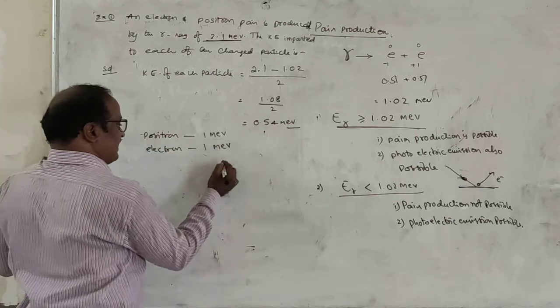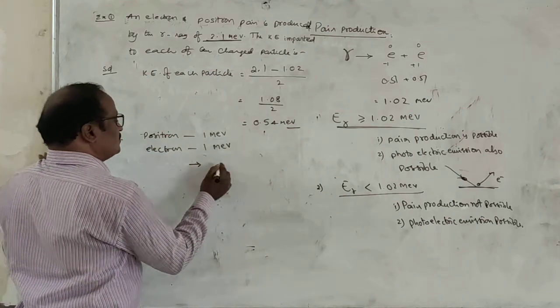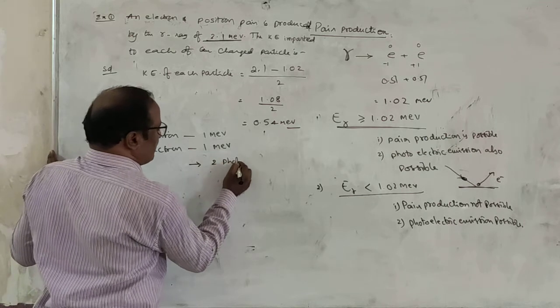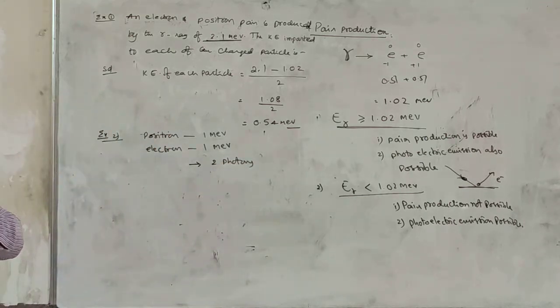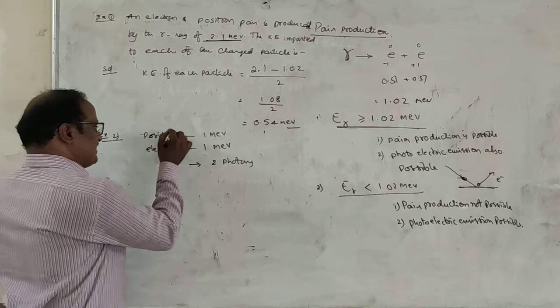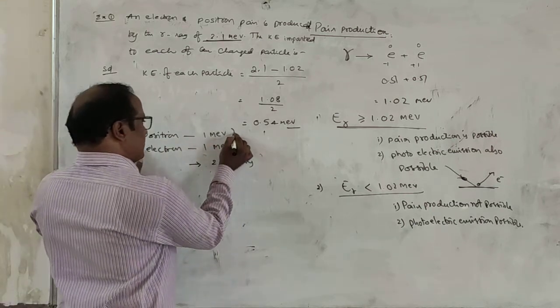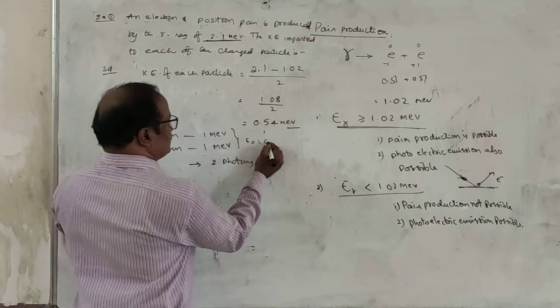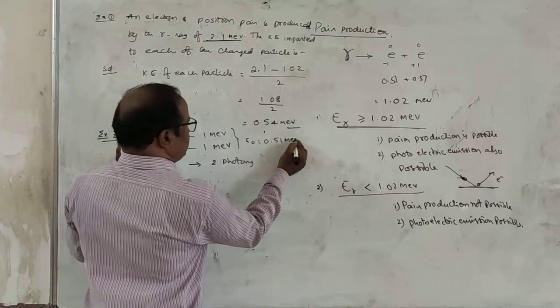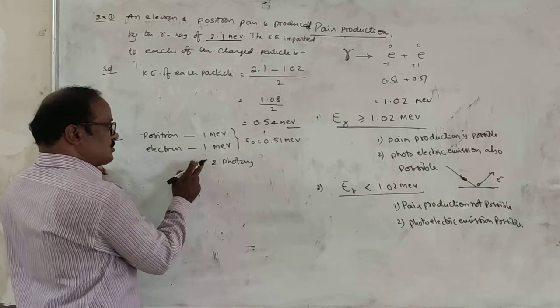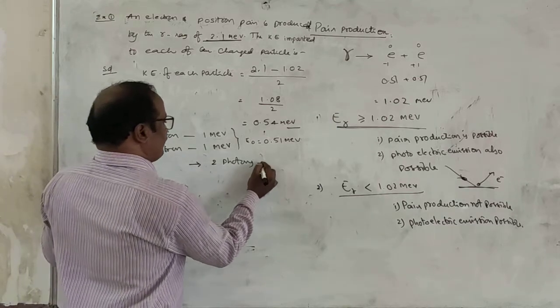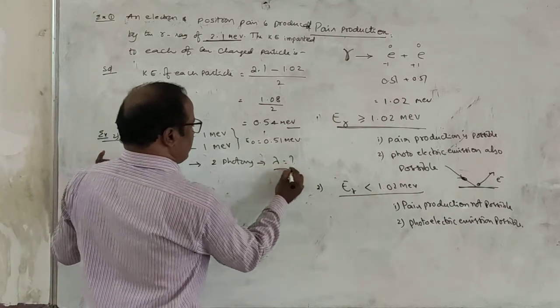These two combine to emit two gamma ray photons. If the rest mass energy of the electron is 0.51 MeV, then find the wavelength of each photon. The rest mass energy of the positron and electron is 0.51 MeV each. These two combine and emit two gamma ray photons. Find the wavelength of the emitted photon.